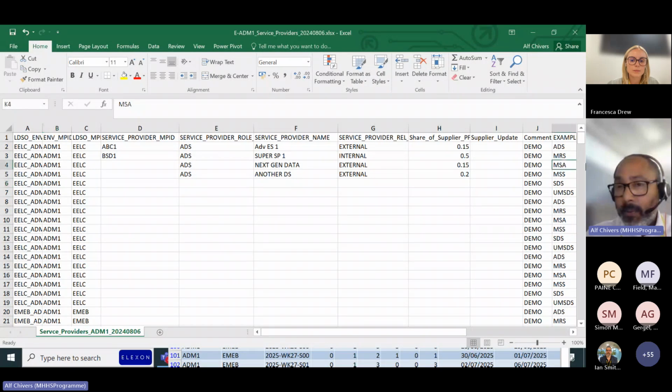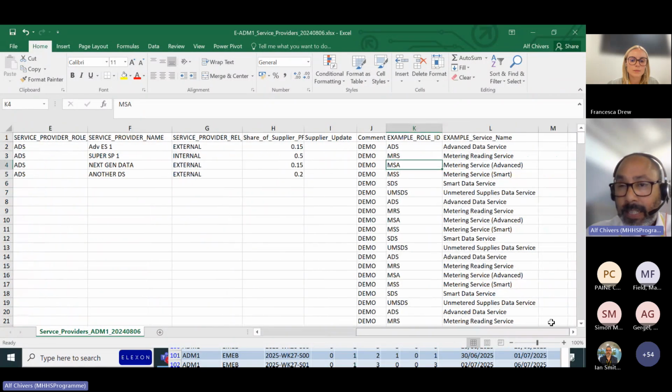And then equally, I'd want to see what's the metering service advanced? Again, this is probably the one that's more useful. Metering service advanced, what's the coverage there?